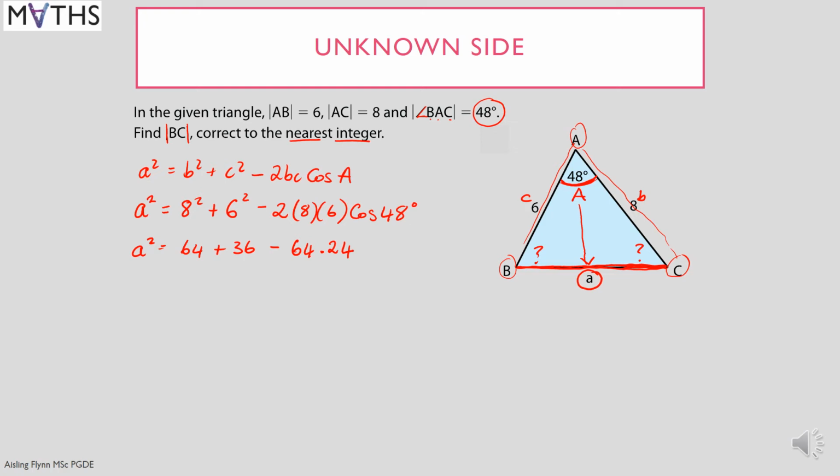Just try that last term on your calculators and make sure you get the same result. If we add the first two terms, we get 100 minus 64.24. So a squared equals 100 minus 64.24, which is 35.76. That's a squared, so to get a, we take the square root of both sides.